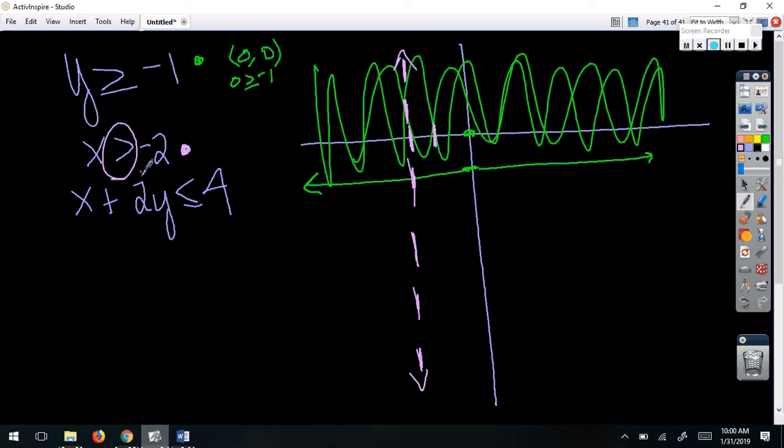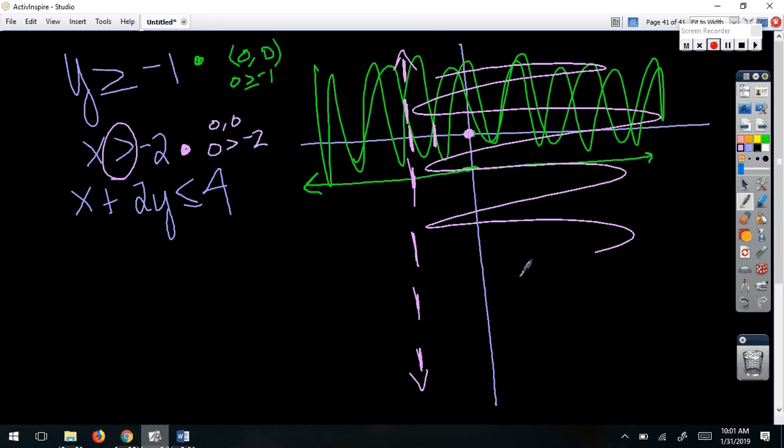So I need to know, do I shade to the right or to the left? Pick a point. Is 0 bigger than -2? Yes. So far I see a solution area, but I've got one more equation to graph with it.